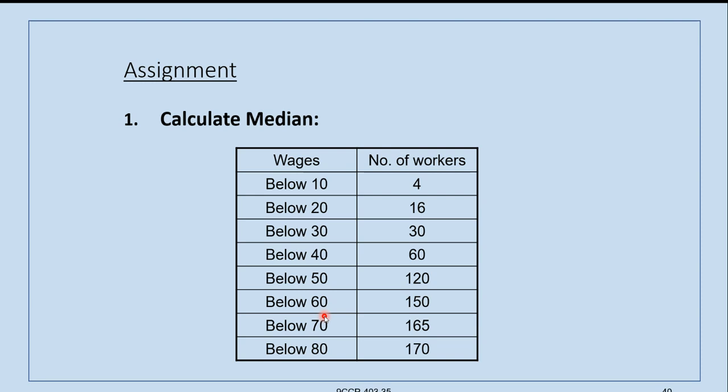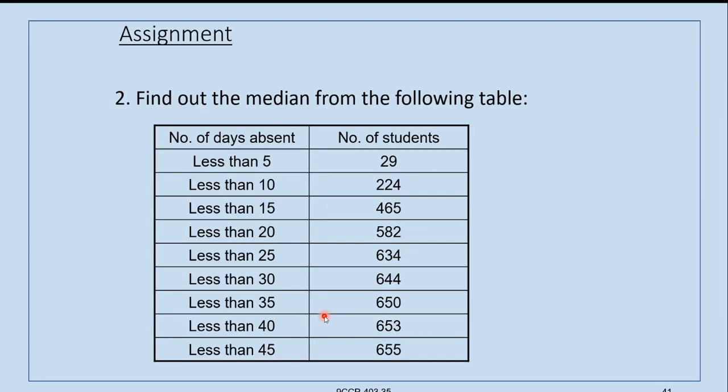That is 0 to 10, 10 to 20, 20 to 30, 30 to 40, 40 to 50, 50 to 60, 60 to 70, 70 to 80. Now convert this cumulative frequency to find the actual frequencies, because for finding f, we have to convert this into ordinary frequencies.